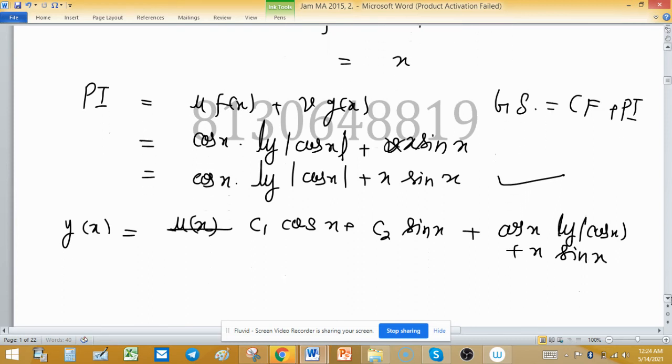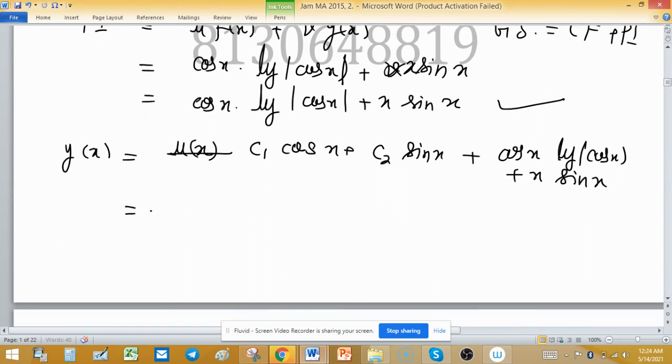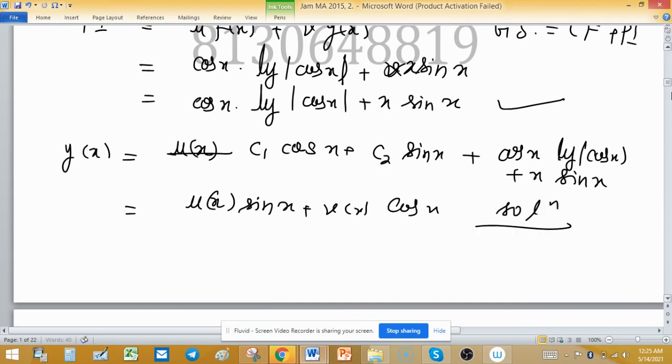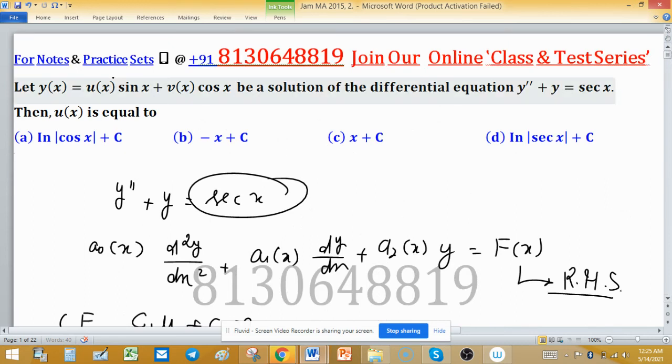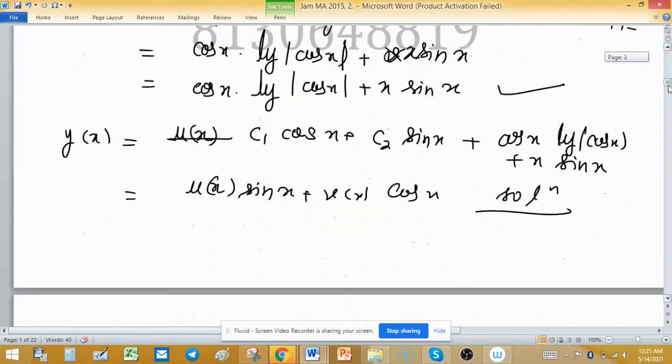This is our general or complete solution. Now compare it with what is given in the question: y(x) equal to u(x) sin x plus v(x) cos x is the solution, and we have to find the value of u(x).